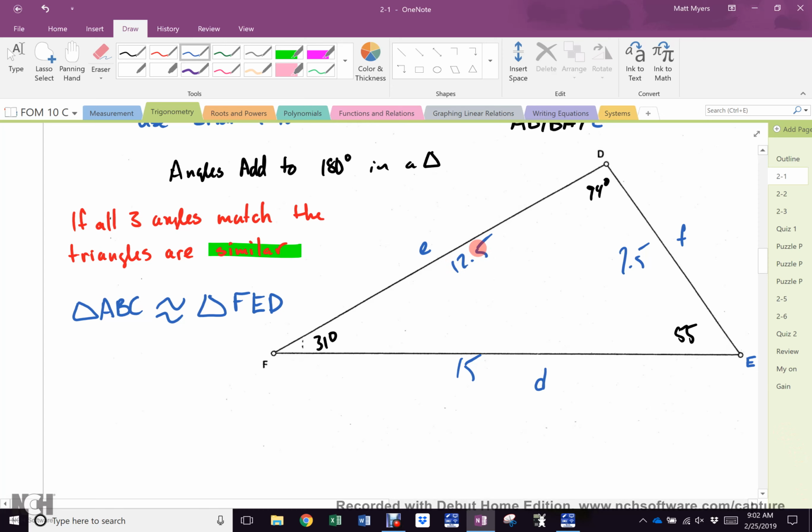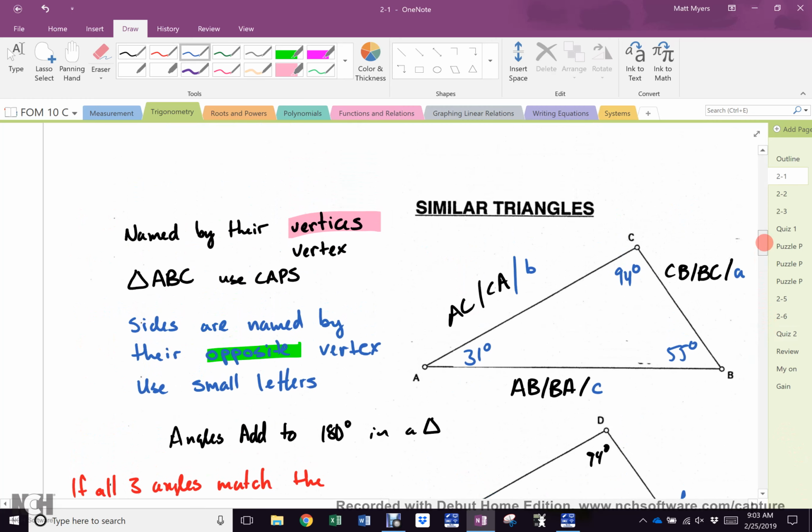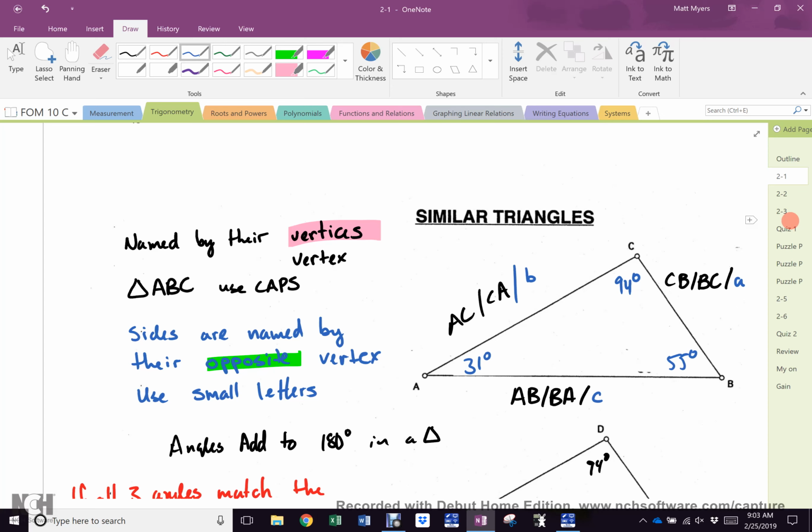Fill in the other side. Fill in the chart. How long is AB? 9.5?